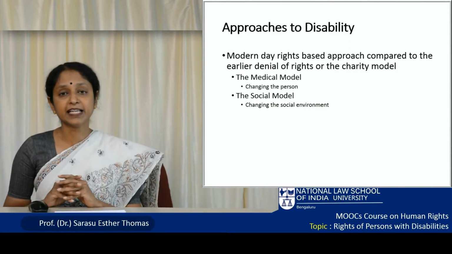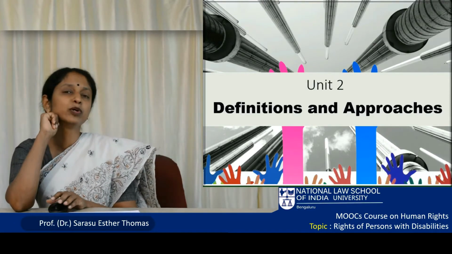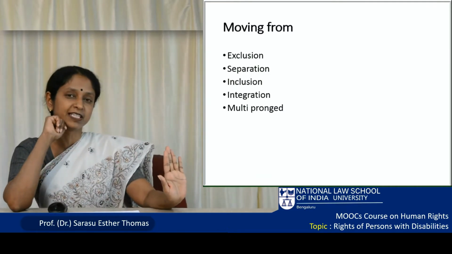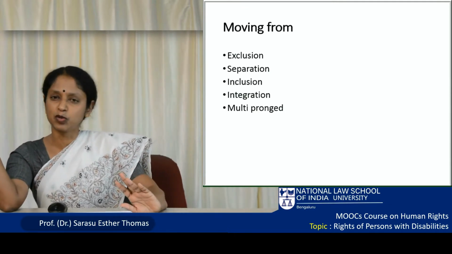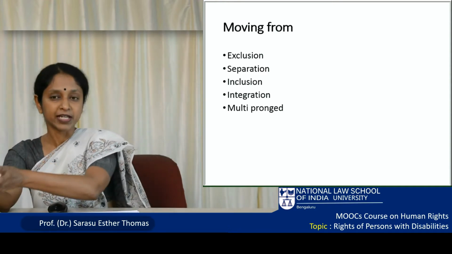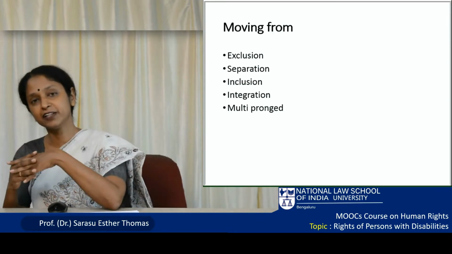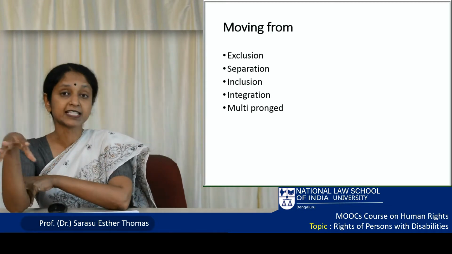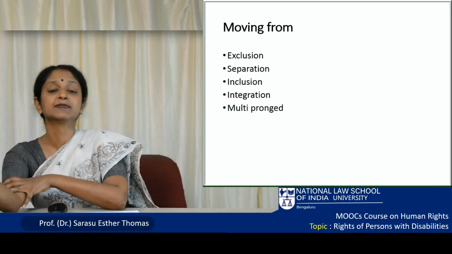Now, let us look at the next unit. How do we define disability? When we look at how we look at disability, we see that we move from excluding disabled people from laws, saying that they are people whom the law or rights should not be concerned with, to then treating them separately, saying that we treat able-bodied persons in one way and people with disabilities in another way, to inclusion and integration, to give an example, children with disabilities should be in regular schools and not in special schools.